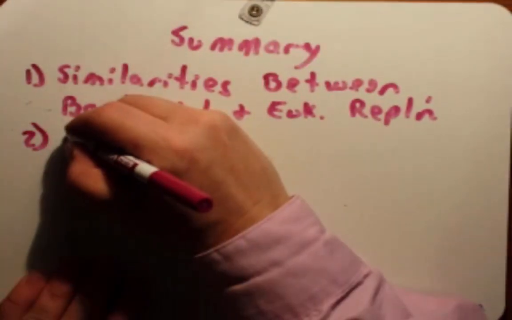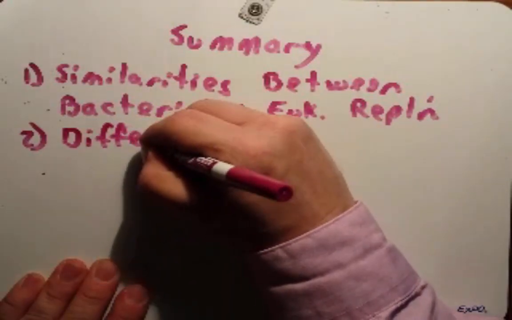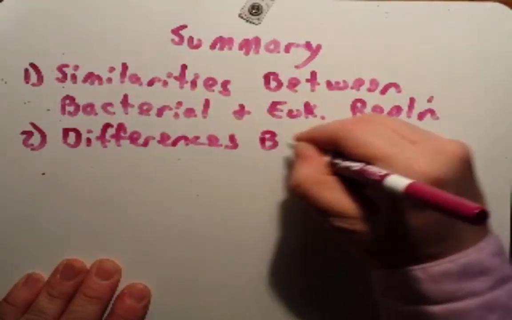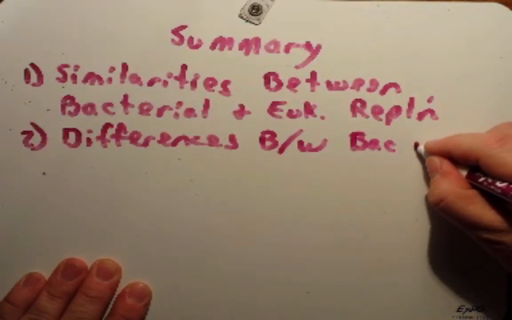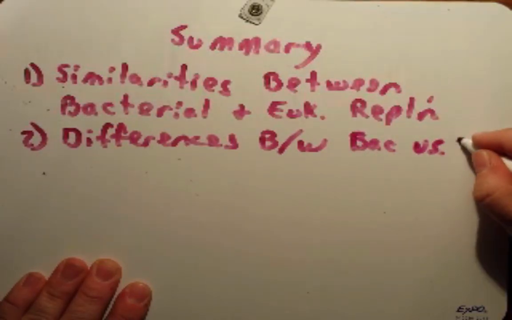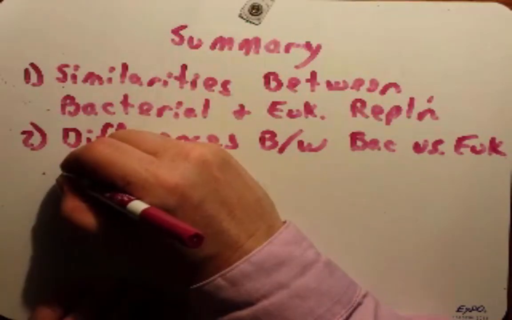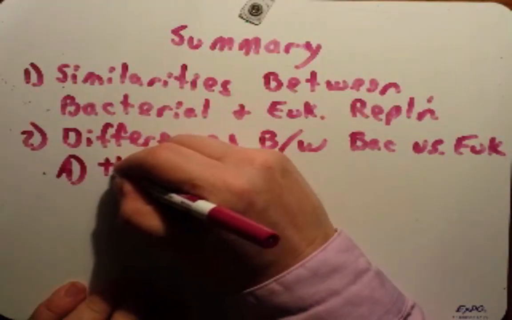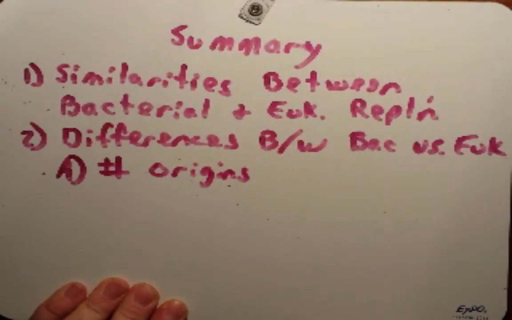You should have also learned about the differences between bacterial and eukaryotic DNA replication. Some of these differences included the number of origins of replication, in that eukaryotic cells have more origins of replication than bacteria, and the problems associated with that.